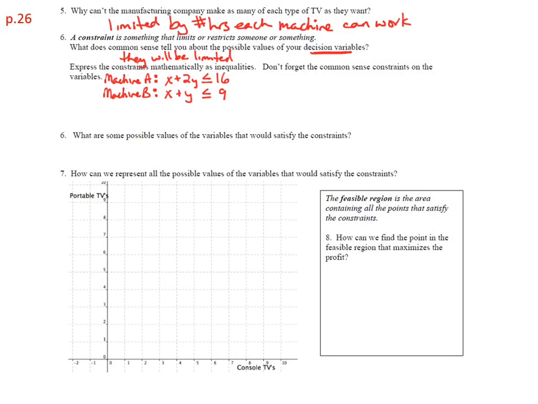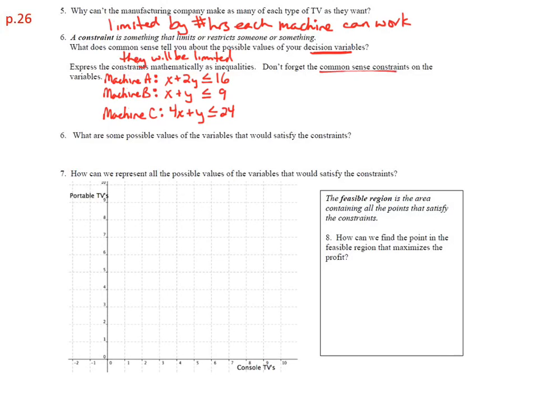So we have x plus y is less than or equal to 9. And then machine C spends 4 hours working on a console TV, but only 1 hour working on the portable TVs. And that one can work 24 hours a day. So we have 4x plus y is less than or equal to 24.